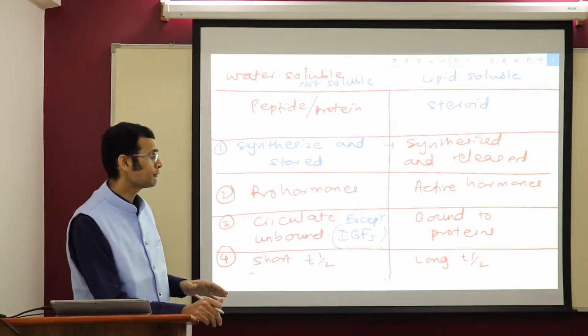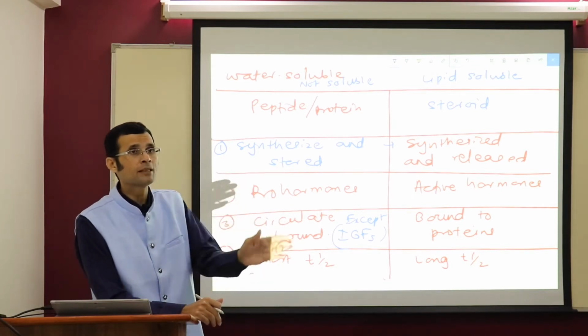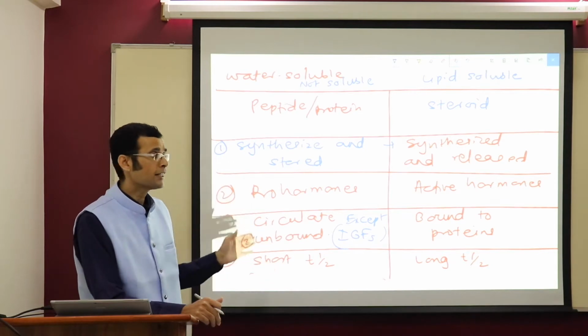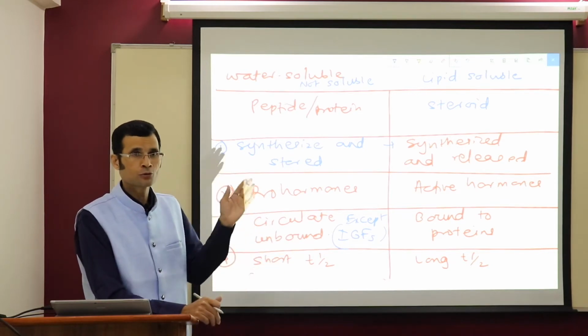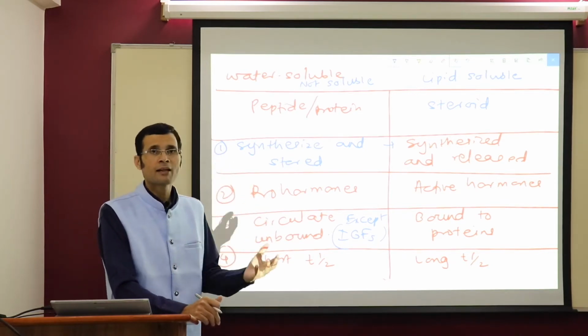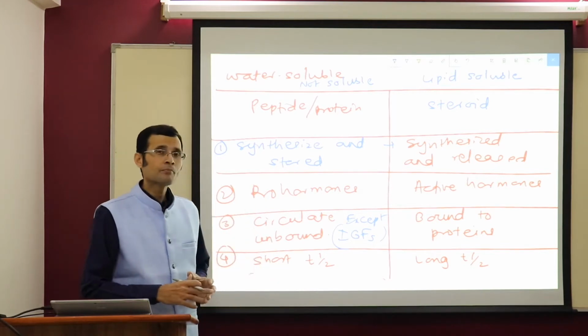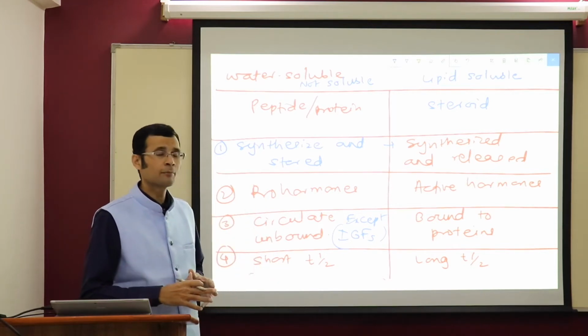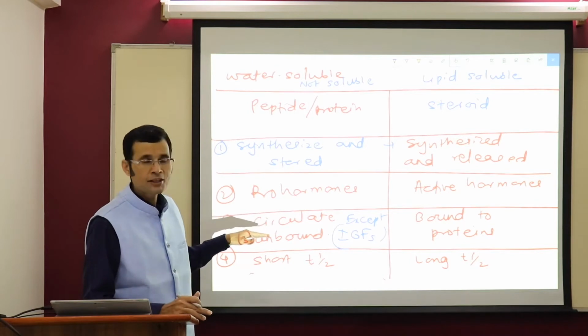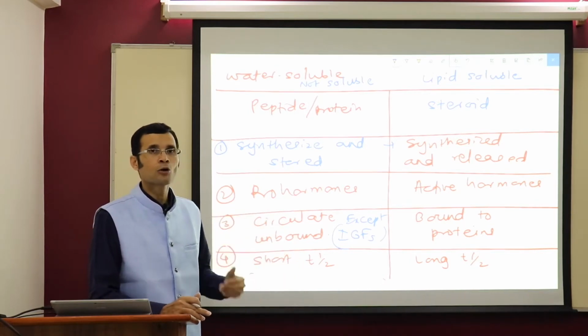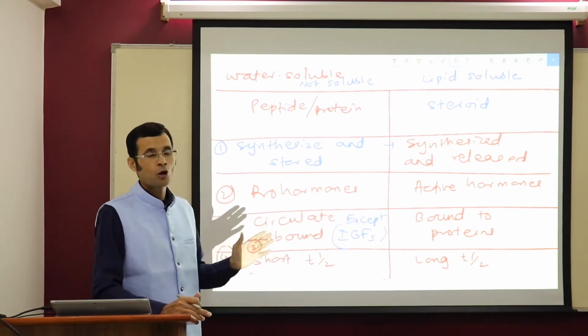There are 6 types of IGF-BPs discovered so far, IGF binding proteins. So 6 variants have been discovered, and because of these binding proteins, these IGFs, insulin-like growth factors or somatomedins, have longer half-life.